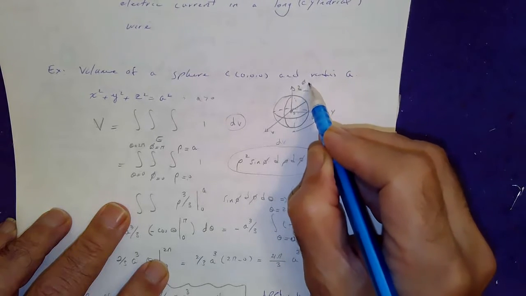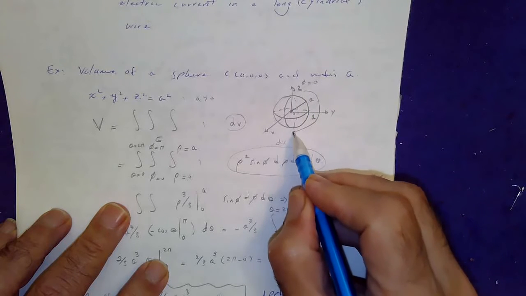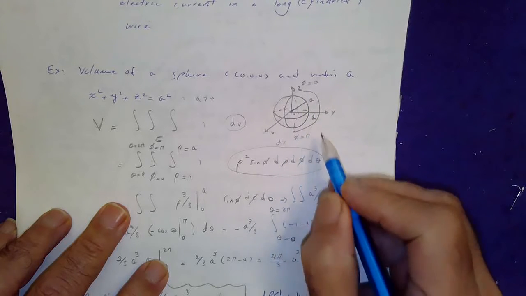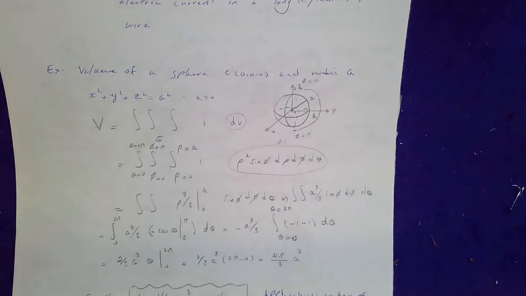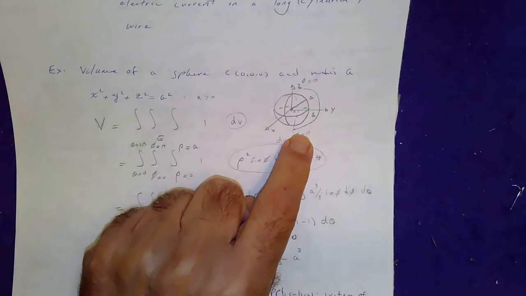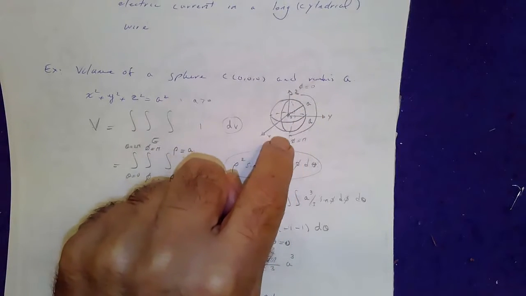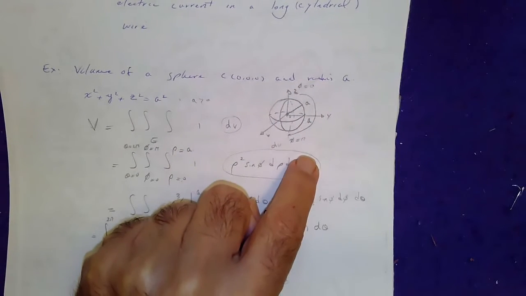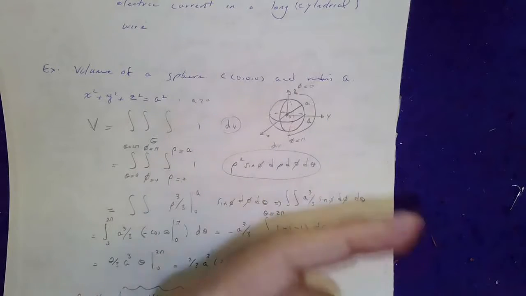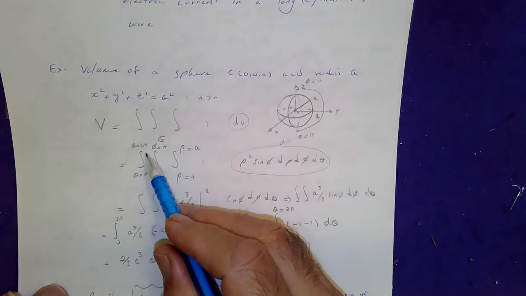Remember, at the North Pole, phi is 0. At the South Pole, phi is pi, and that's the limitation of pi. Phi cannot exceed pi. So that takes care of the phi range. And theta is all the way around because you're dealing with the entire basketball, so it has to go from 0 to 2 pi.